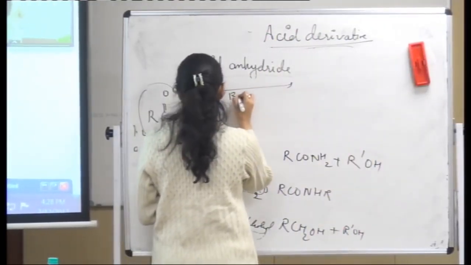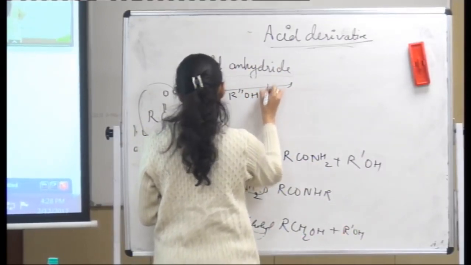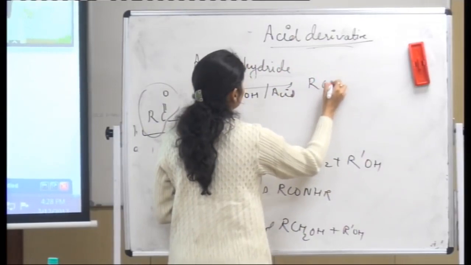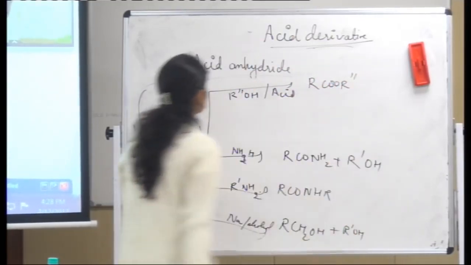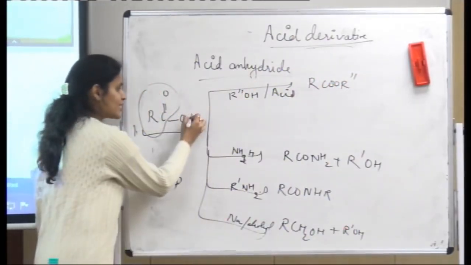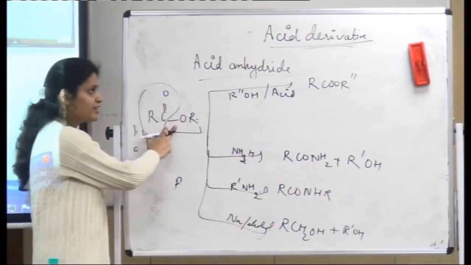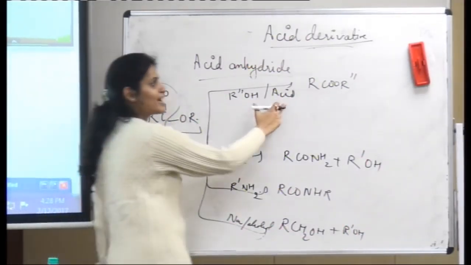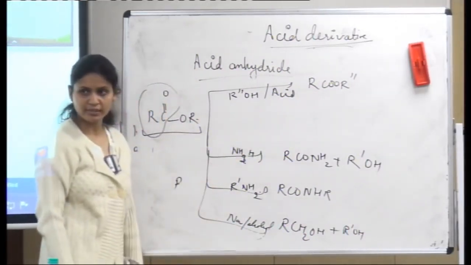What about reaction with R double dash OH in presence of acid? Again, it will result in the ester formation. This is not ester, this is acid anhydride. Acid anhydride and alcohol in presence of acid will form ester only.